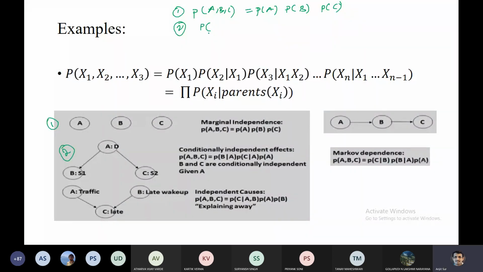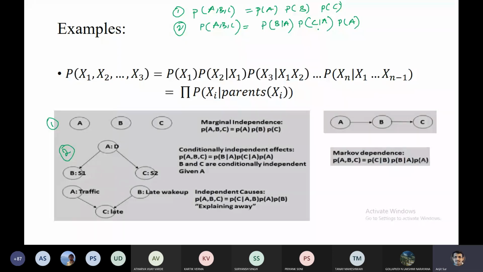See it very carefully: P of B given A, its parent, times P of C given A, times P of A. So this is the joint probability in this way.